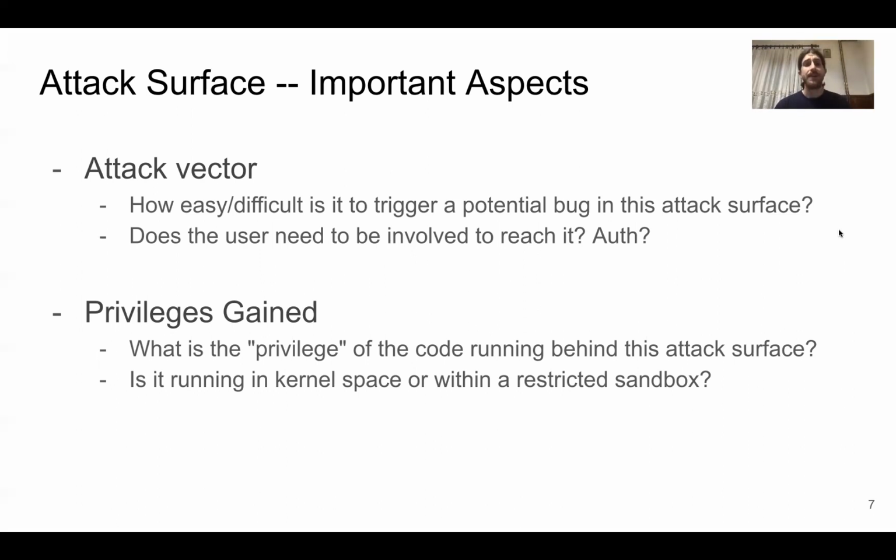So in terms of characterizing attack surface, how can we know whether an attack surface is more difficult or more risky than another one? Well, the first aspect is the attack vector. How easy or difficult it is to trigger a potential bug in this attack surface. And does the user need to be involved to reach it? Being involved usually means, if I send you an email, do you expect the user to click on the email, to open it, to load the images?